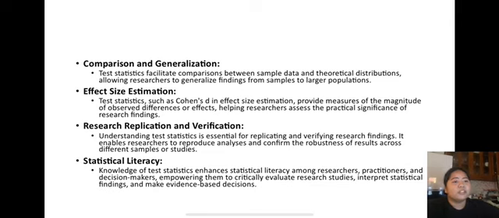Statistical literacy. Knowledge of test statistics enhances statistical literacy among researchers, practitioners, and decision makers, empowering them to critically evaluate research studies, interpret statistical findings, and make evidence-based decisions.